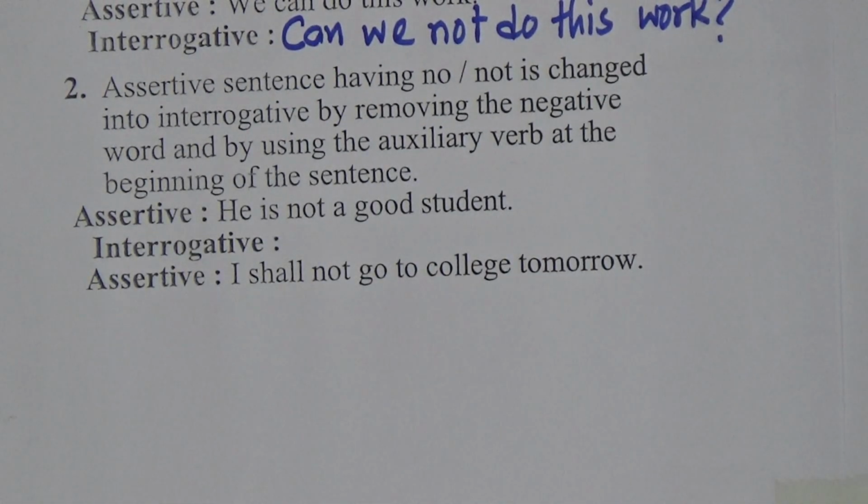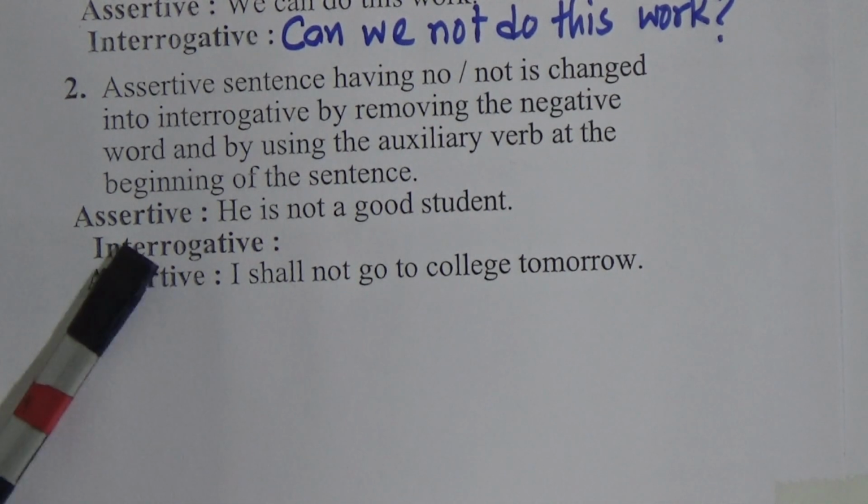Now look, if you find not in an assertive sentence, when you are going to change it to an interrogative sentence, you will just remove or omit the word not and you will start your interrogative sentence with the auxiliary verb.